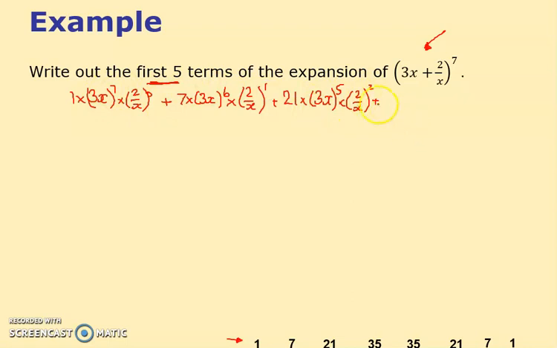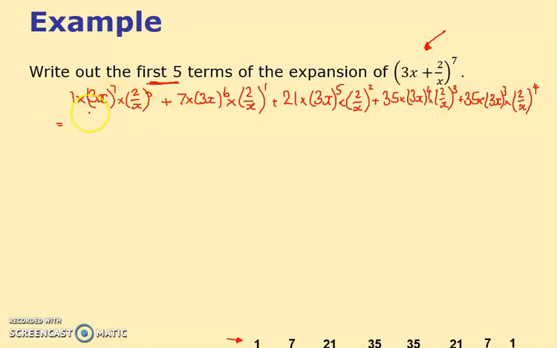I think we've seen that before. This is my 4th term: 35 times (3x) to the 4 times (2/x) cubed. And my next one is, I've used one of my 35s, I've got another 35 down there. So 35 times (3x) cubed times (2/x) to the 4. And that's a case of simplifying.